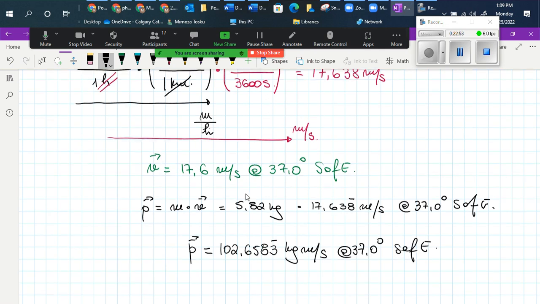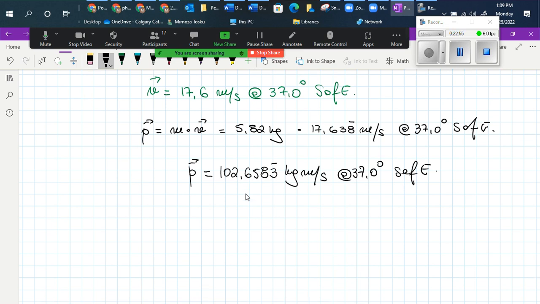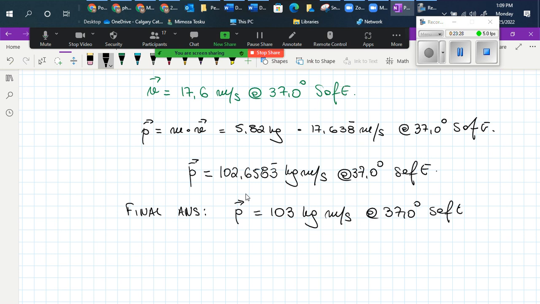However, when we are considering the correct significant digits as the final answer, unless otherwise stated, if I'm asking you to record it to 1 digit after the decimal point, then you will go with 102.7. But if we are considering the correct significant digits, then it will be 103 kilograms meters per second at 37 degrees south of east.